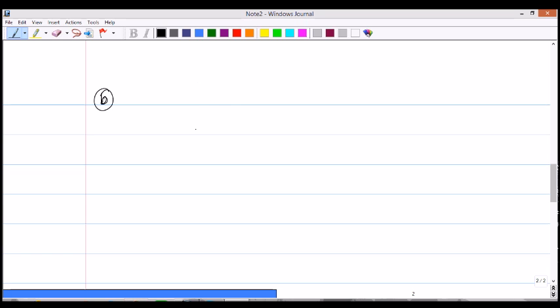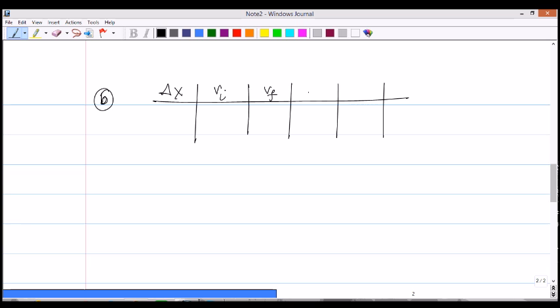So let us make a chart, as we've done in the past. We have delta x, vi, vf, a, and delta t. We have a as 1.96, vi is 0, and the amount it moves is 1.5 meters.